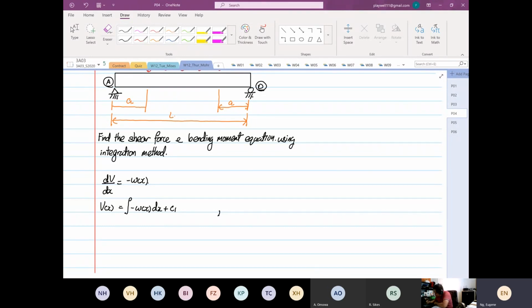So if we know our limits, we know that we have our V at point number 2 minus V at point number 1. So this will be equal to the integral from x1 to x2 of minus omega as a function of x dx. Okay, we know that, right?